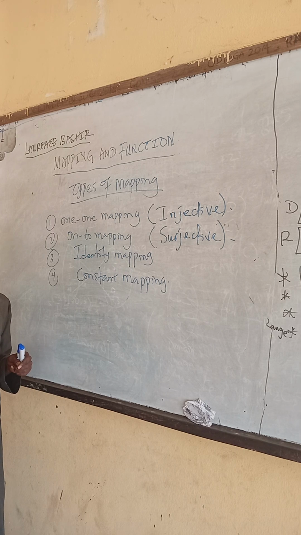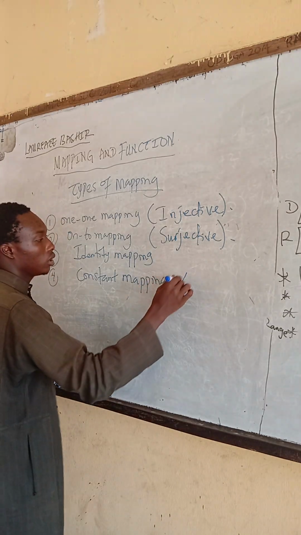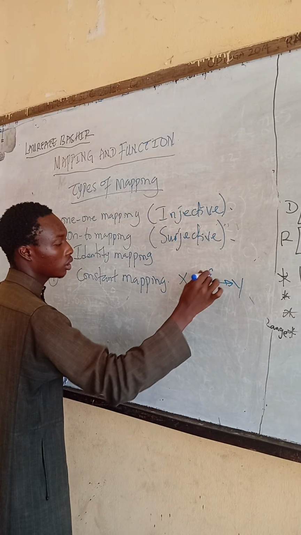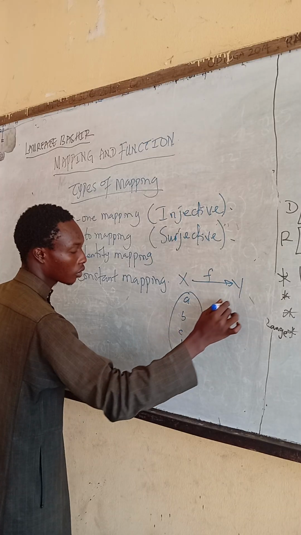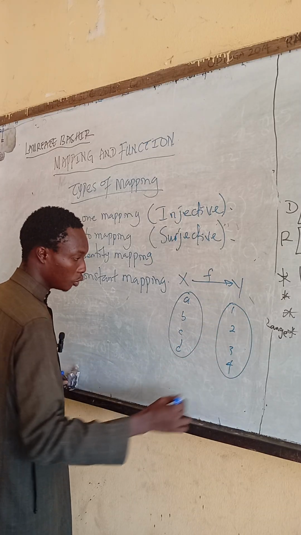Now, a map is said to be one-to-one if each element in the domain has a unique outcome in the what? Codomain. Let's say I'm having map Y function. Then let's say here I'm having A, B, C, D. Then I'm having 1, 2, 3, 4, for example.